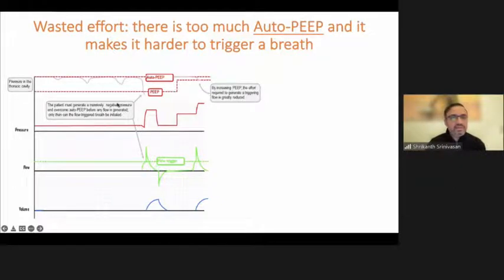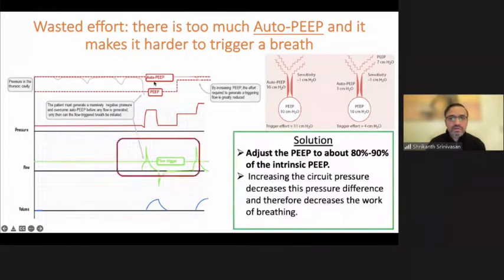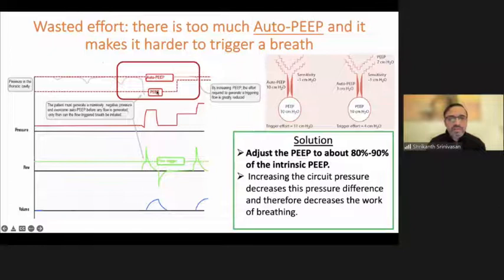If you see the pressure time scalar, you can see this is the set PEEP, this is the auto PEEP, and there's a huge gap between the auto PEEP and the delivered PEEP. And this patient must generate a massively negative pressure to overcome auto PEEP. This amount of negative pressure which the patient has to set before any kind of flow is generated.